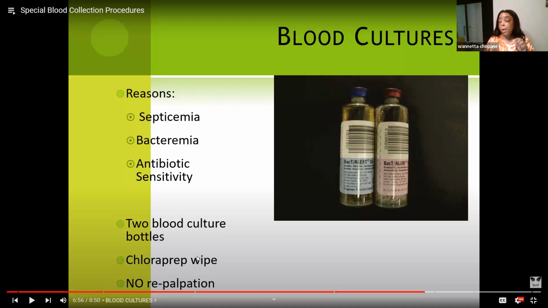I know that we do let it air dry, but because you are collecting an alcohol level, you just don't want to jeopardize any different levels in your patient's alcohol level. You don't want to add to it, okay? So with that being said, for an alcohol level and for a blood culture draw, you would clean the site with the ChloraPrep or chlorhexidine gluconate, okay? Let it dry and then take my blood.